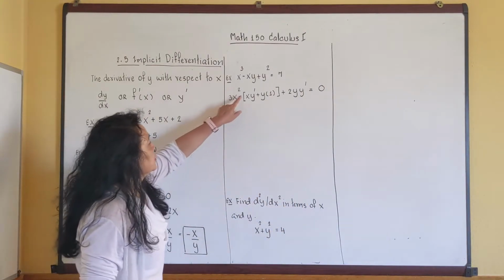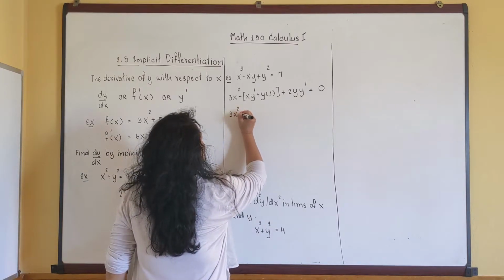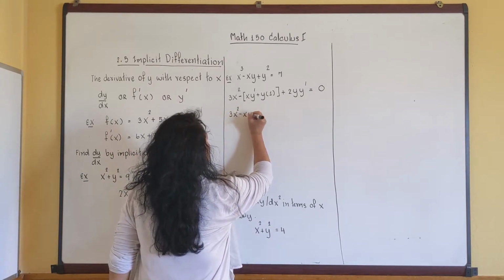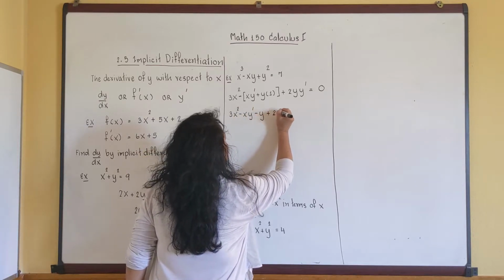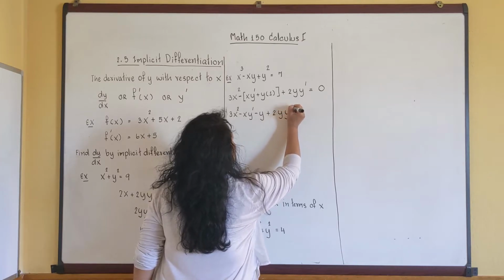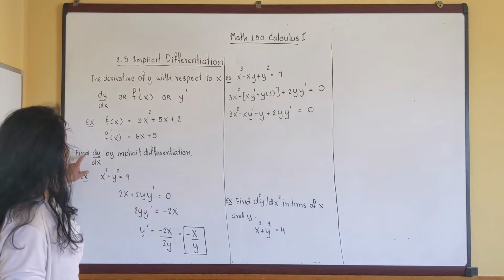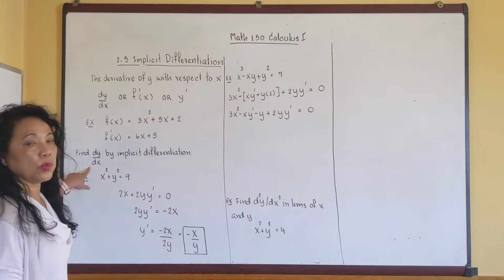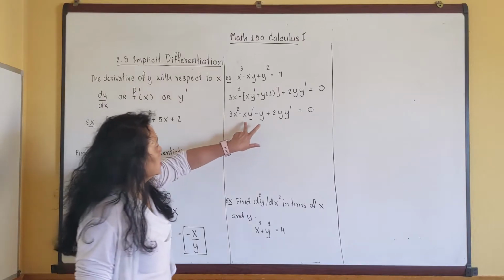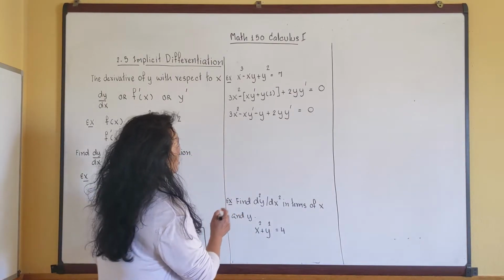Now I'm going to distribute the minus: 3x squared minus x y prime minus y plus 2y y prime equals 0. Because they want you to find dy over dx, in other words y prime, I'm going to gather all the y prime terms on one side and everything else on the other side.